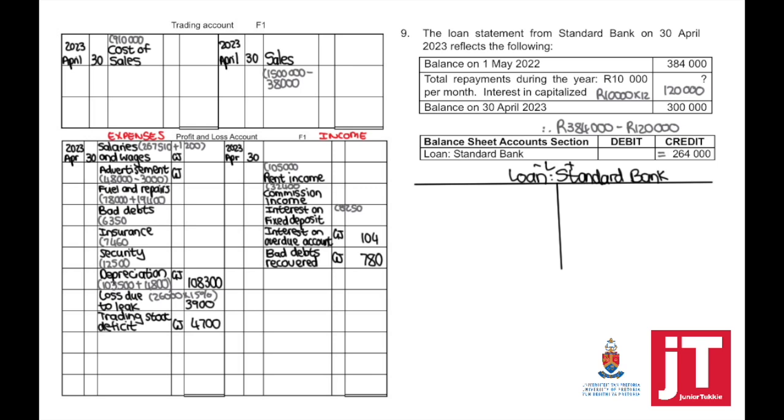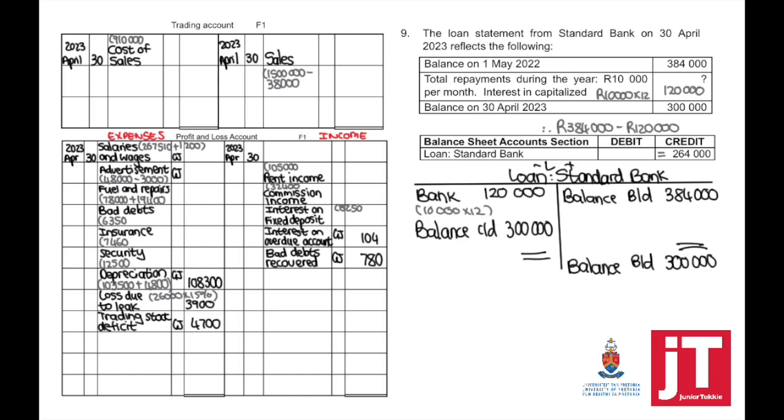But how do I find the interest? We start with the balance in the beginning. The total repayments was 120,000. The balance at the end is 300,000. The balancing figure now becomes the interest on loan, take the debit side minus the credit side.